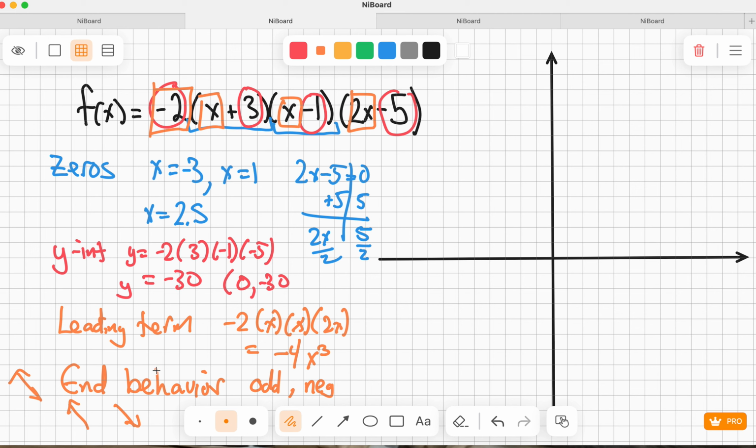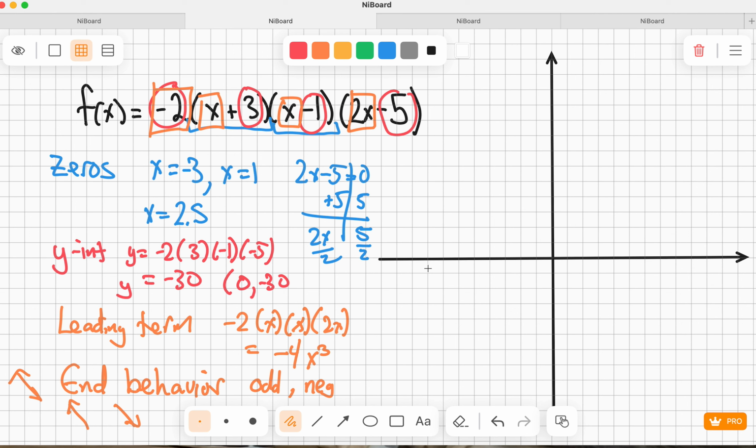Now with this information, I can draw the graph. Well, the first thing I need, of course, is, let's put some numbers on this graph. My x values, I'm going from about negative 3 to 2.5, so I'm going to spread this out a little bit. Negative 1, negative 2, negative 3, 1, 2, 3.